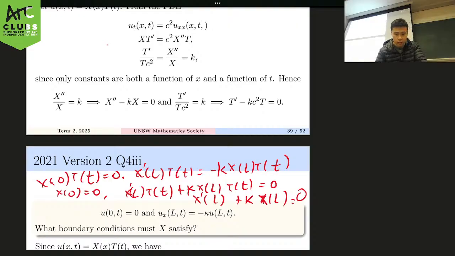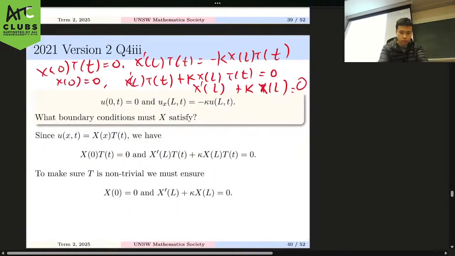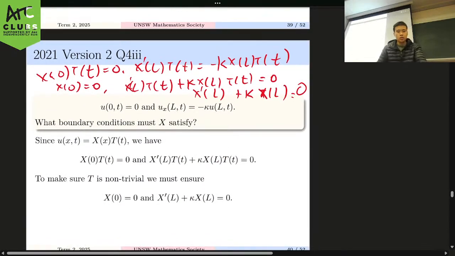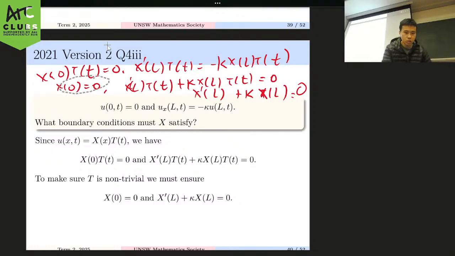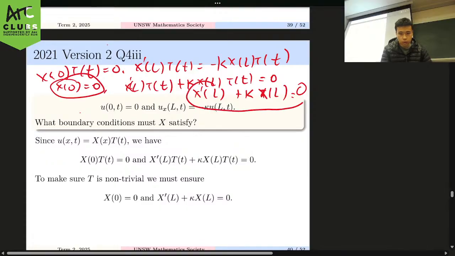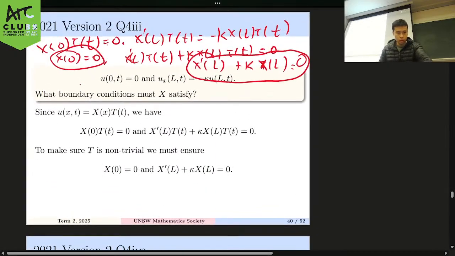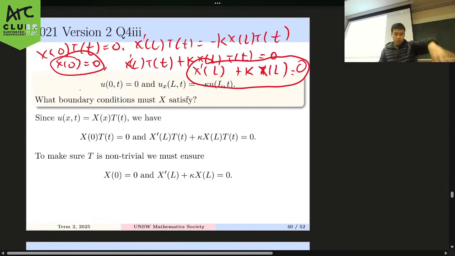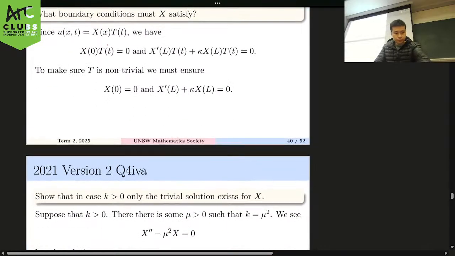Just double check. Yeah, okay. So if T isn't the trivial solution, these two conditions must hold true. So that's the conditions that X has to satisfy.